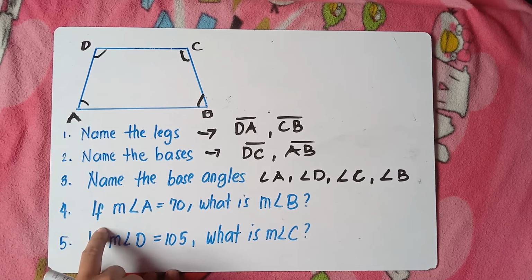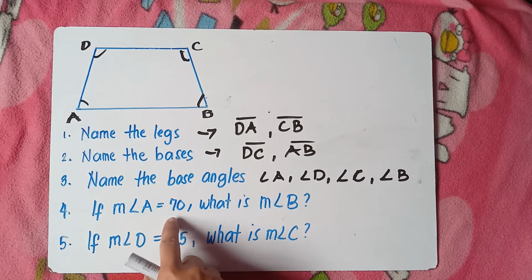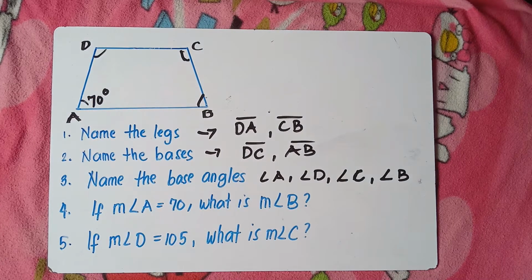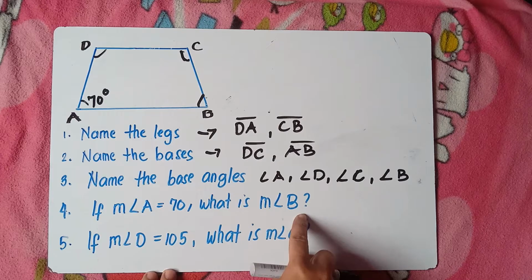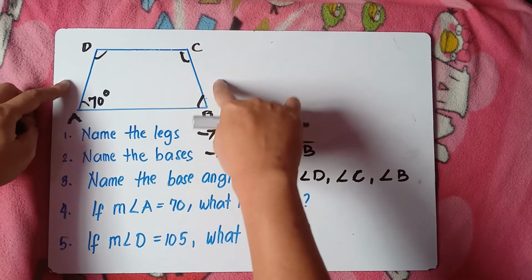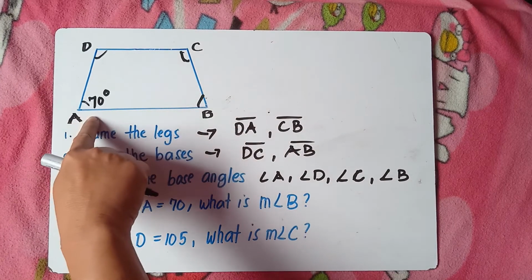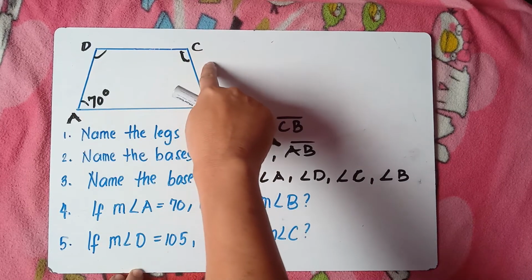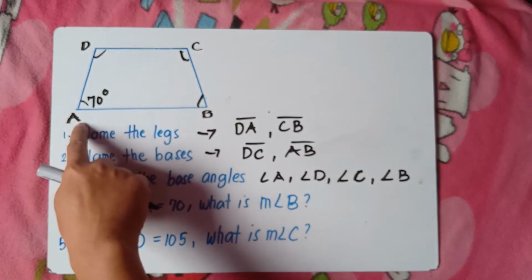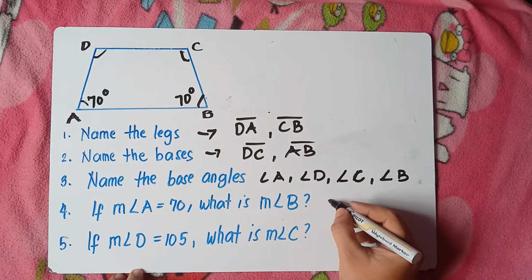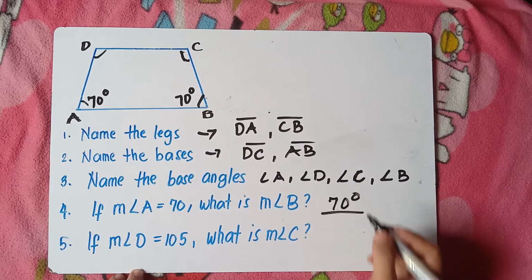Now, if angle A measures 70 degrees, what is the measure of angle B? Do not forget, as I told you earlier, that in an isosceles trapezoid, the measure of this angle is the same as this angle. So if angle A is 70 degrees, therefore angle B should be 70 degrees.